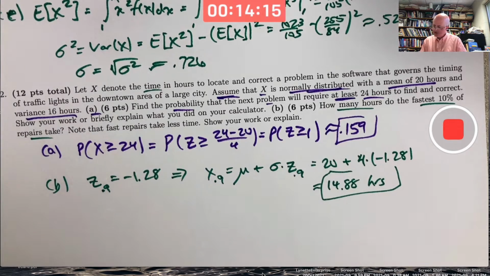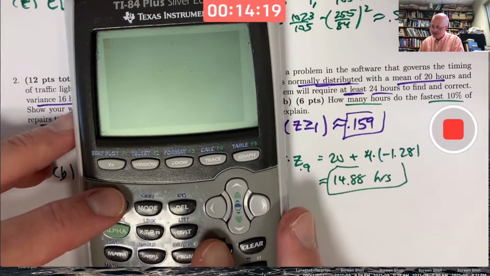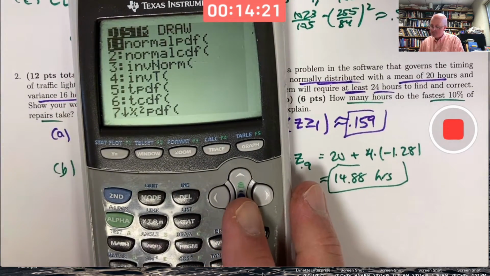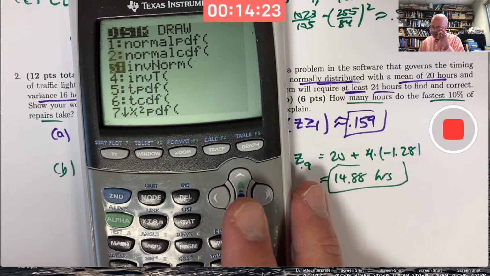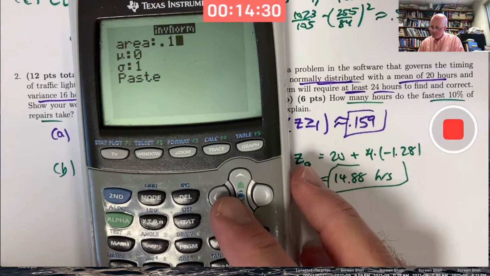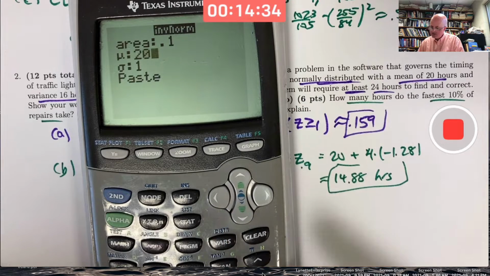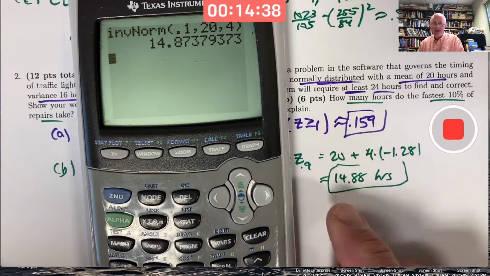Could you do it with technology? Could you find that? I haven't practiced this recently, so let's just try it. If you go to the distribution menu, I think we need the inv norm there. We're looking for a CDF value where the area to the left is 0.1. And we can do it in terms of the original mean and standard deviation. Mean of 20, standard deviation of 4. 14.88, yes.